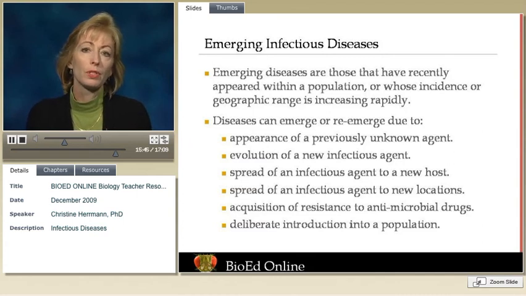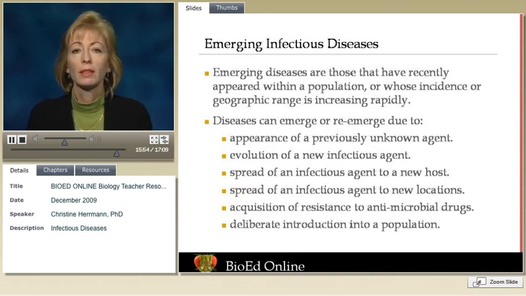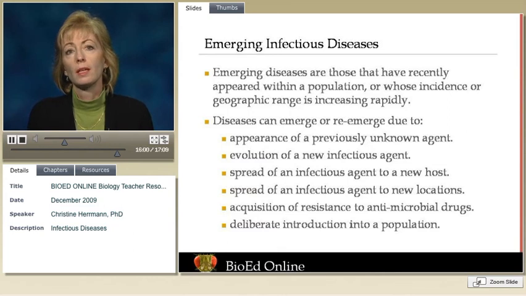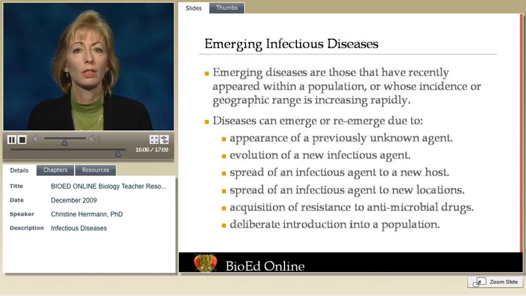And as humans move into new geographic areas, closer contact with animal species increases the likelihood that an agent that infects animals can make the jump into humans. In some cases, as in the case of tuberculosis, diseases that were previously under control can make a comeback, particularly when the agent becomes resistant to currently used antimicrobial drugs.